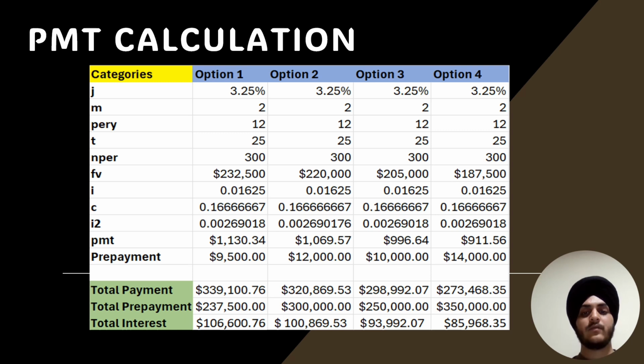For the third option it would give us 996.64. For the fourth option it would give us 911.56. And we have the prepayment given in our scenario for all four options, and we have noted it down over here, which would help us in calculating the total prepayment.